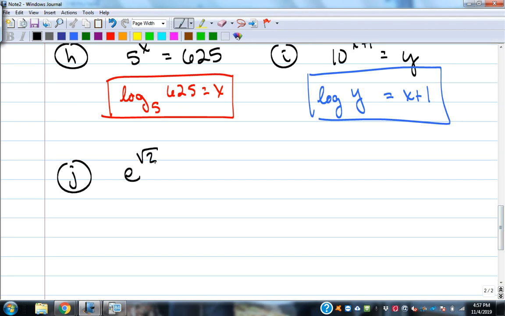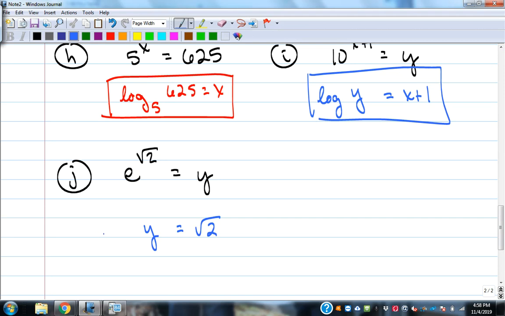All right. Let's do e to the square root of 2 is equal to y. Log base e of y. So how do we write log base e?